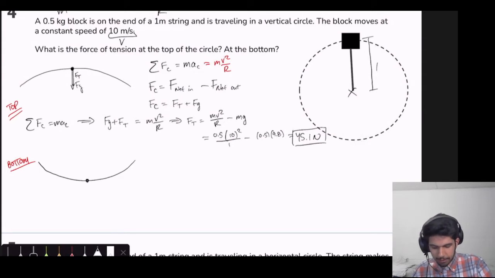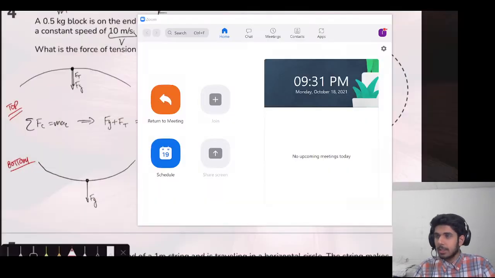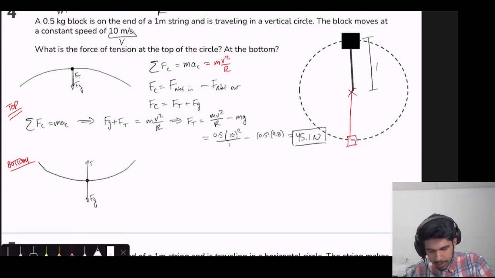As before, we have Fg, and that's still pointing down as it almost always should be. And again, we still have tension. Let me just draw what's going on here. So now we can imagine that's the string, and the block is at the bottom there. So if we're looking at the red diagram now, tension is pointing upwards, right? The string is upwards.